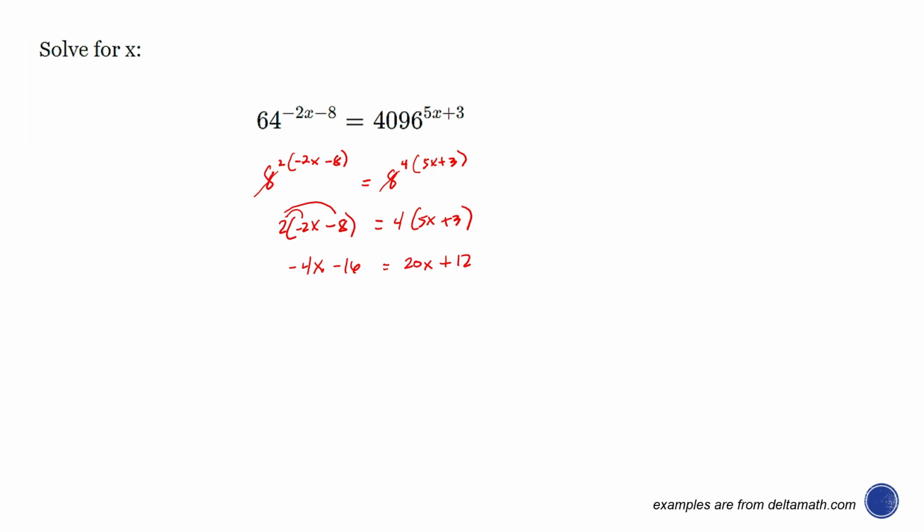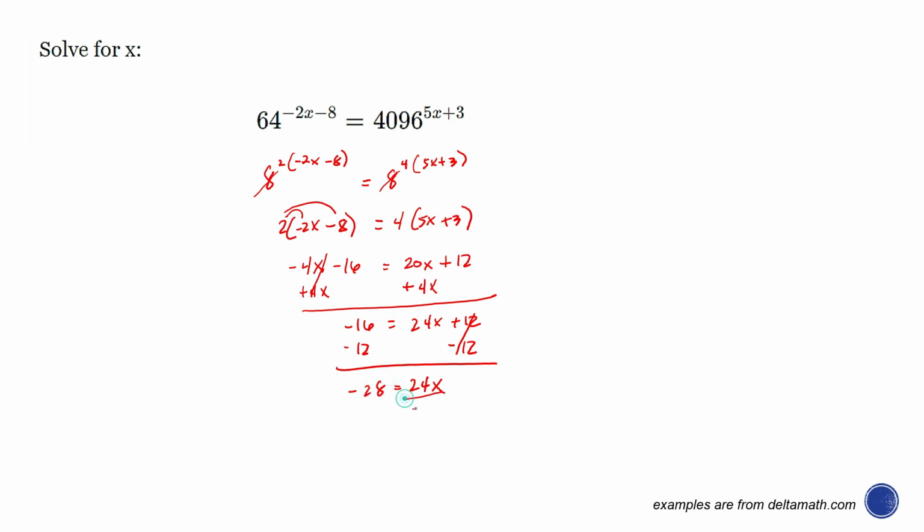And let's deal with the terms that have variables. So I will add 4x on both sides. This will be 24x plus 12 equals negative 16. And then the next step is subtract 12 on both sides. This will be 24x equals negative 16 minus 12, which is negative 28.